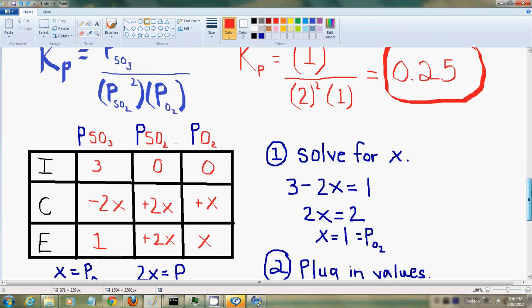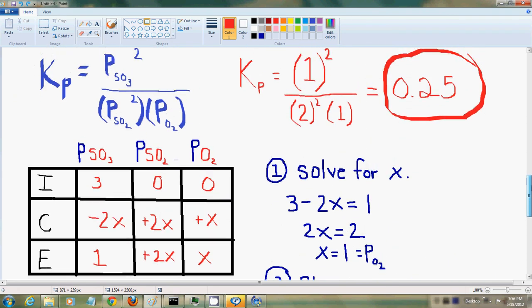Very good. Now, let's go ahead and plug in what we're already given. We're given our initial pressure of sulfur trioxide to be 3 atm, so we can plug that into the initial box for sulfur trioxide. And we're also given the final or equilibrium pressure of sulfur trioxide, which is 1 atm, so we can go ahead and plug that in.